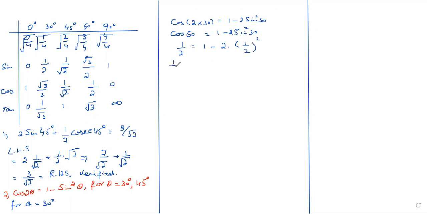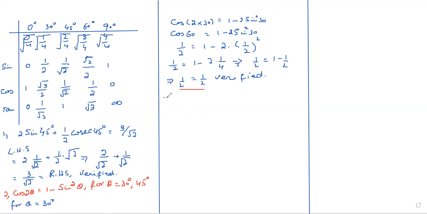So 1 over 2 equals 1 minus 2 times 1 over 4, implies 1 over 2 equals 1 minus 1 over 2, implies 1 over 2 equals 1 over 2. So it is also verified. Okay, so the result is verified. Left hand side equals right hand side. So this is verified. Okay.